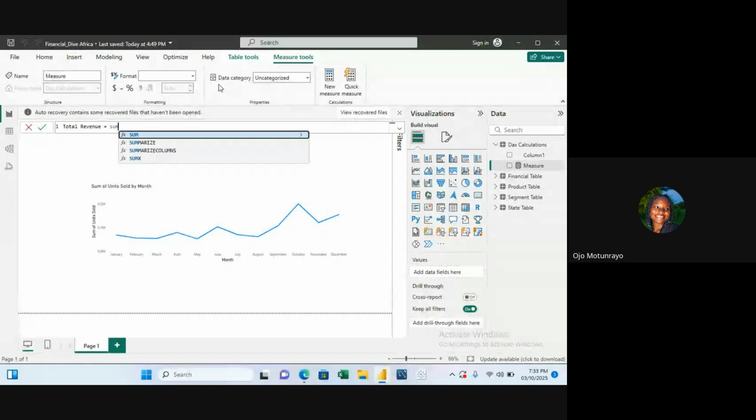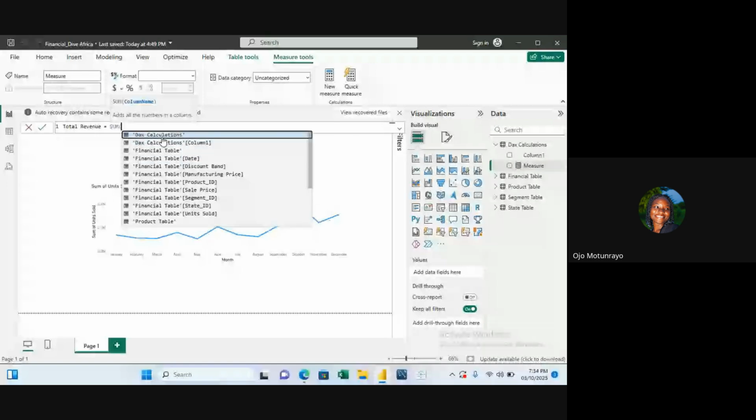So what I'm actually saying is, let me do this one first, then I will tell you how that works. Now, total revenue, how do we get total revenue? Total revenue equals to sum. I've clicked on my sum. Your table name.